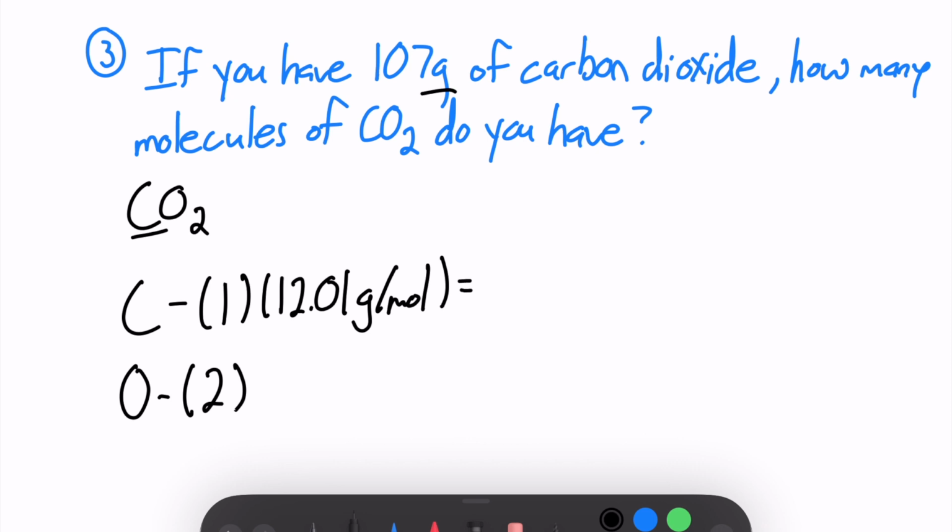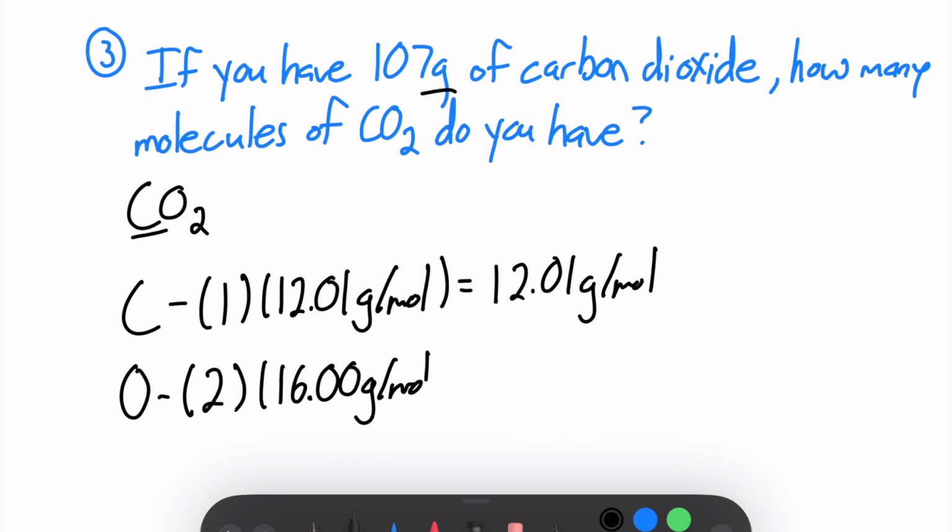And what you should get there is, oh sorry, it's just multiplied by 1. So that's an easy calculation. We'll go 12.01. There we go. That's a little bit better. And oxygen, our molar mass of oxygen is 16.00 grams per mole, and we'll multiply that by 2 because of this subscript right there.